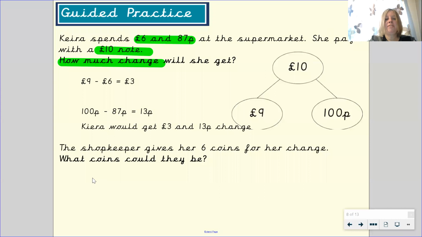How did you get on? There are lots of different ways that you could make £3 and 13p, but let's have a look at one together. The first coin I'm going to take is a £2 coin, and then I'm going to take a £1 coin.